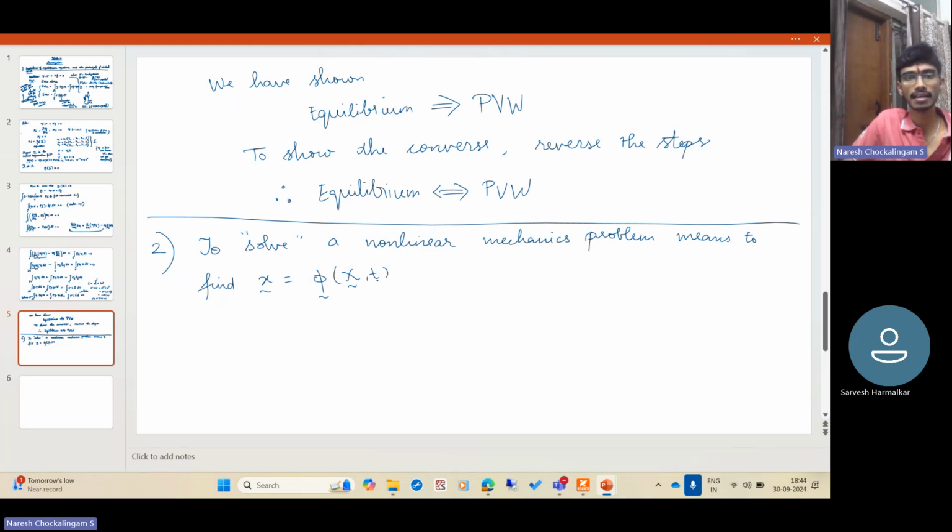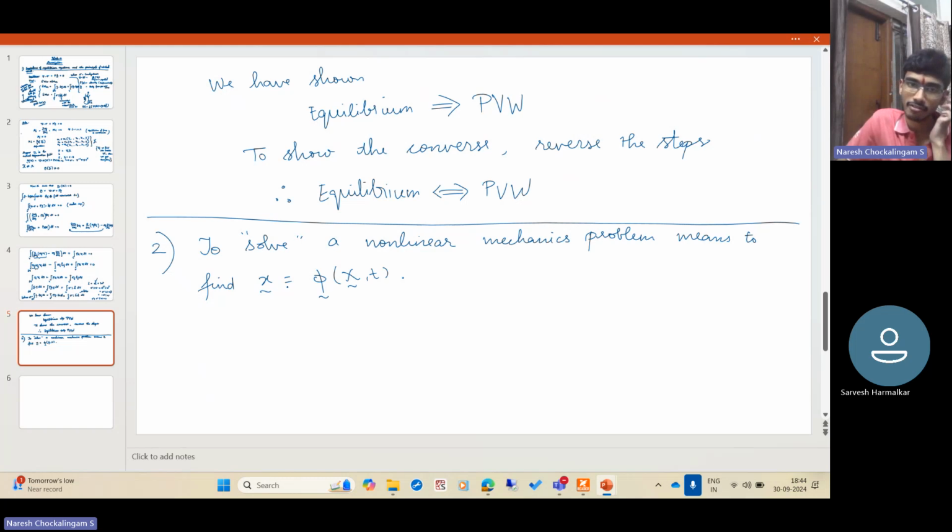Essentially, if I say I have solved a problem, it means I have got the deformation field as a function of X and t. If I get the deformation mapping phi, as I said, I can get F, the strains, the stresses, and everything else follows.